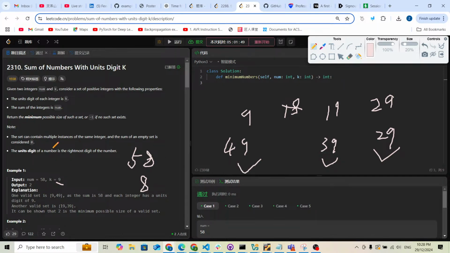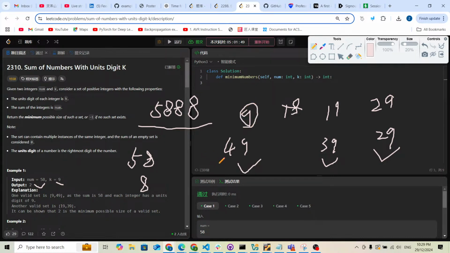For this problem, this is a mathematical problem. It doesn't matter how big the number is. Maybe this number is too big, like 5888. How many numbers with unit digit 9 do we need?